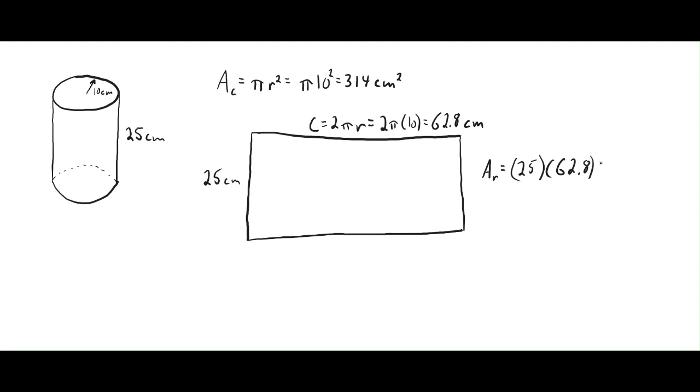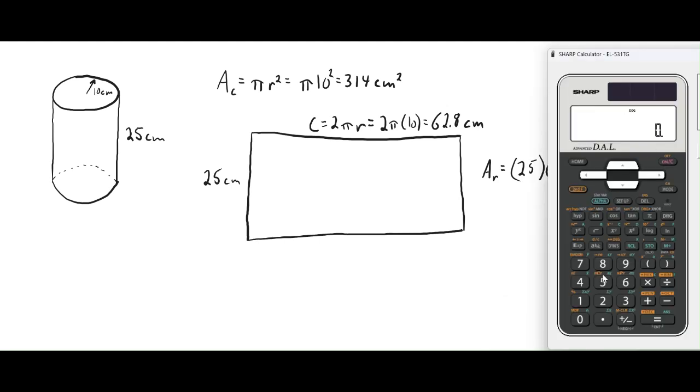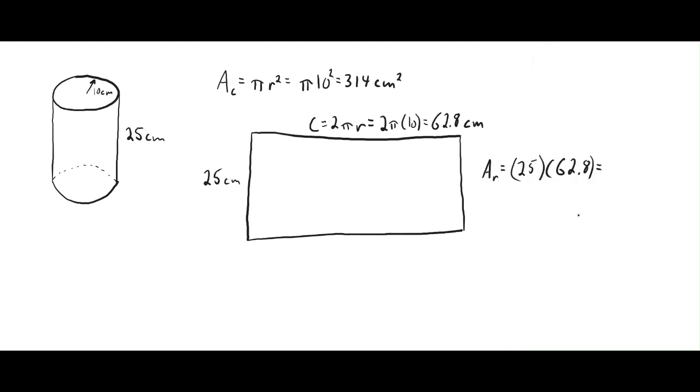Let's see what this is: 1,570 centimeters squared. Okay, so the total area is going to be 2 of those circles, 2 times AC, plus the area of that rectangle.